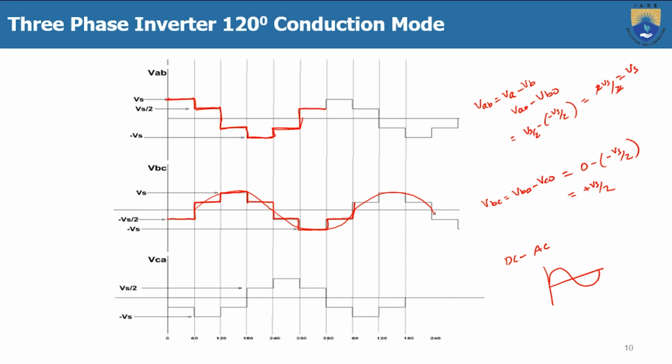Same way here also. So when you increase the number of levels, then the output voltage waveform is nearer to the sine wave.